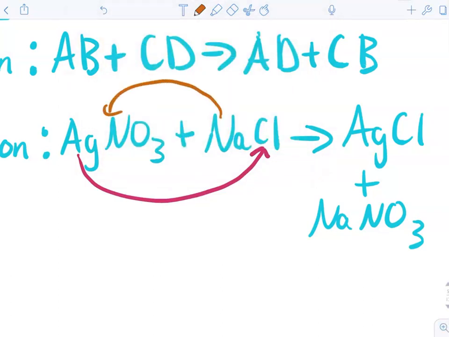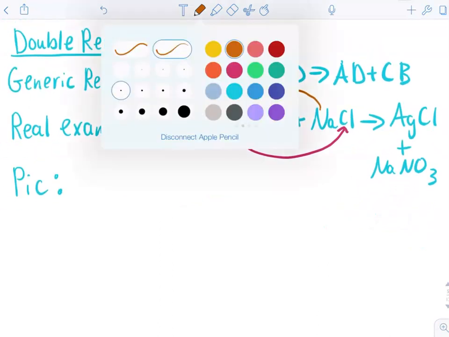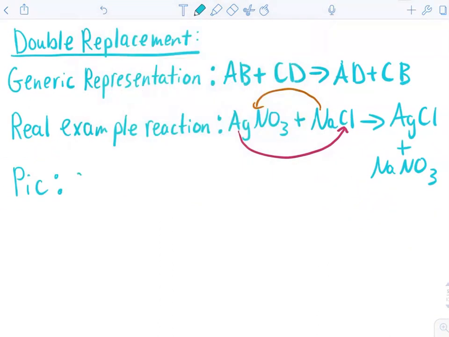That's why it's a double replacement. And so a picture of this would be filled in and open plus stripe and open gives us stripe, filled in, plus open.